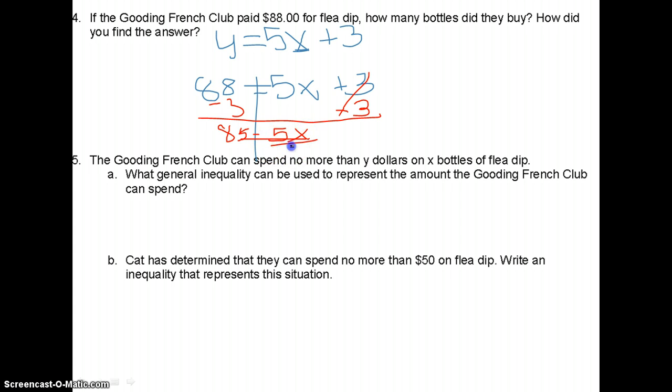Now we're going to divide by 5 on both sides. And so 85 divided by 5 is 17. So 17 equals x. So how many bottles can I buy for $88? 17. Good job.